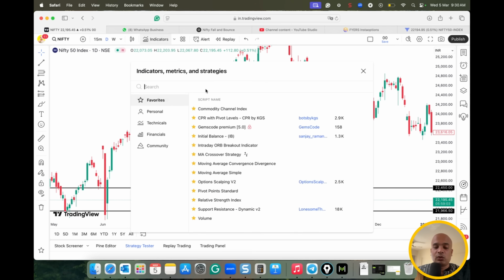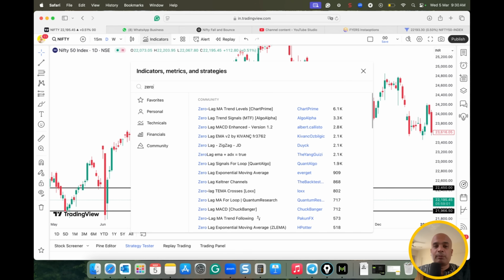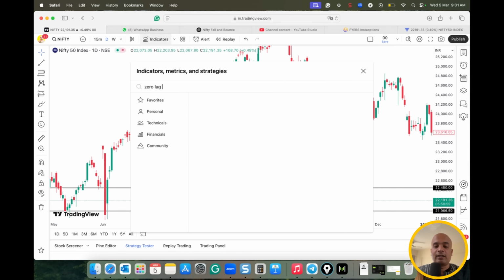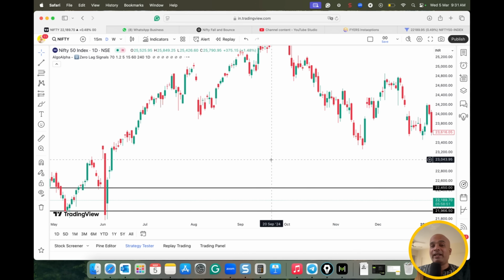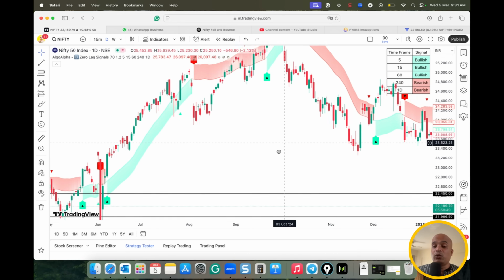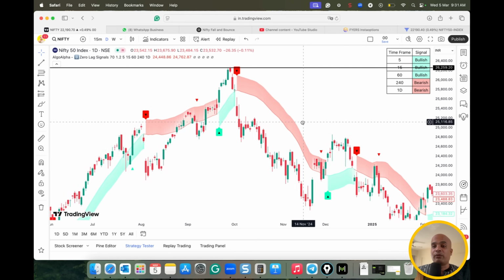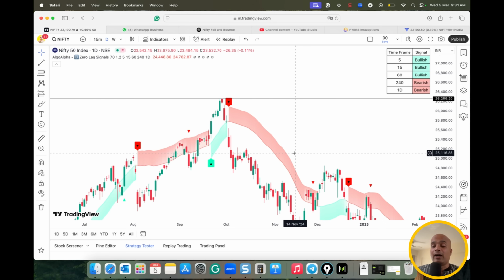Okay. So if you go to TradingView and type zero lag trend analysis, this is a wonderful indicator I came across very recently. See, friends, what happens is many times we do the analysis in different time frames, right? For example, personally, I take a lot of BTST trades, or sometimes it's intraday.